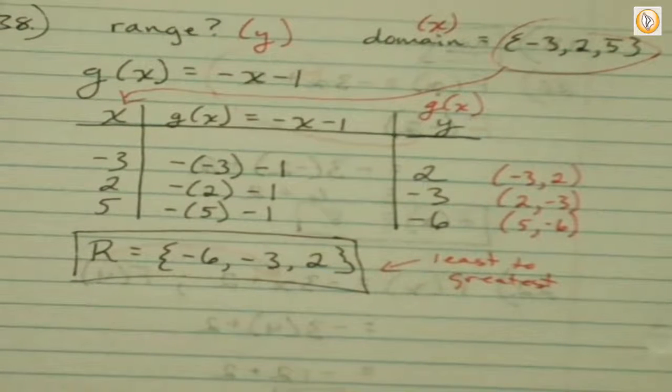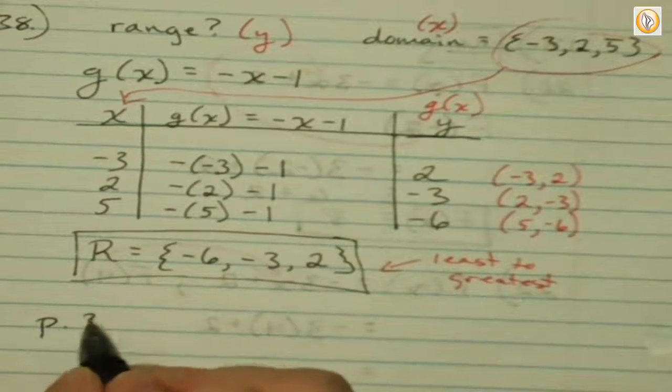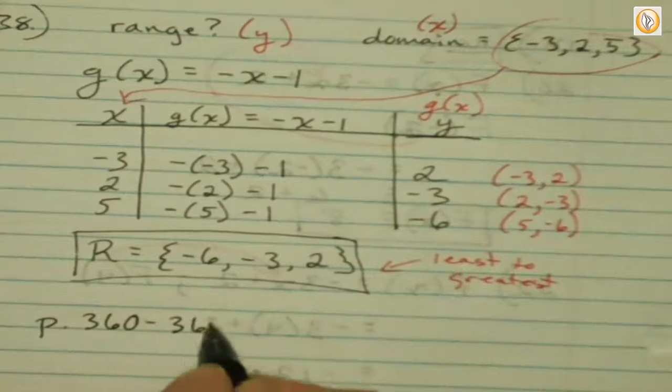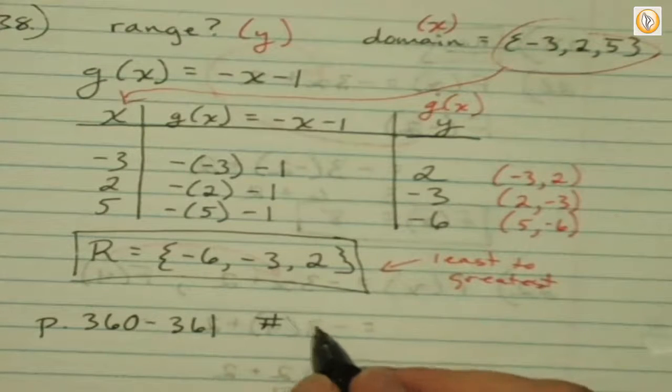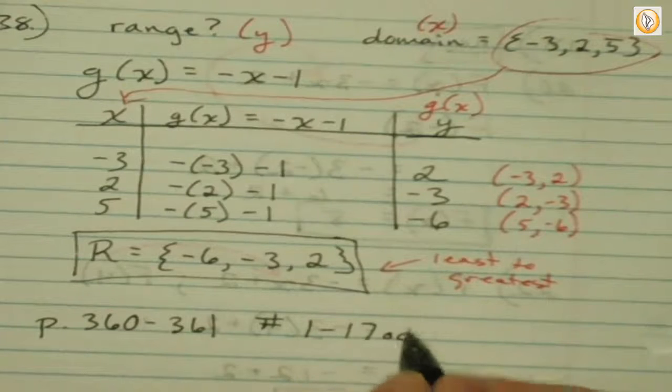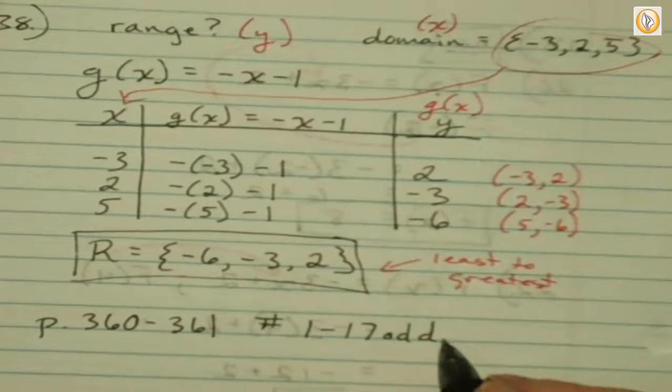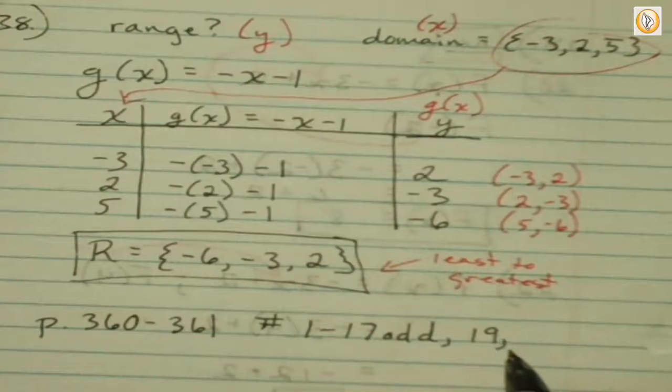All right, so y'all are going to be doing page 360 to 361. You're going to be doing numbers 1 through 17 odd, 19 and 21.